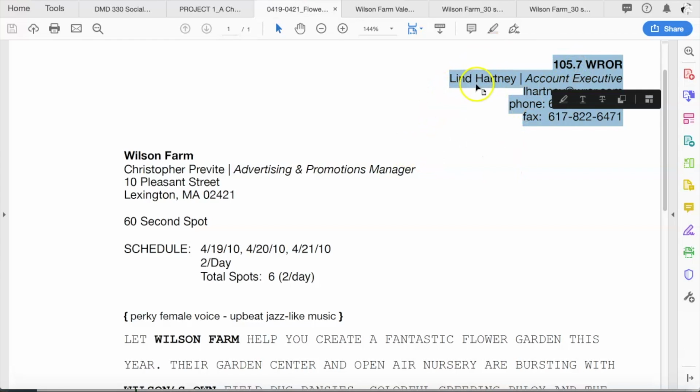This is the person I worked with at 105.7 WROR at the time, who was an account executive and worked in traffic for radio. Of course, you don't have a real person that you're sending yours to, so you can certainly just make somebody up to put in these spots, but this is normally where this goes, so that when it's received by the radio station, they know who it's going to.